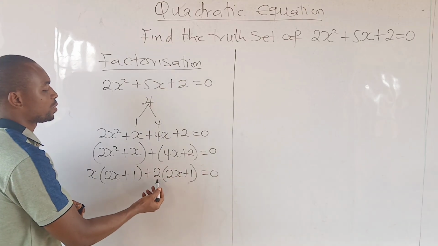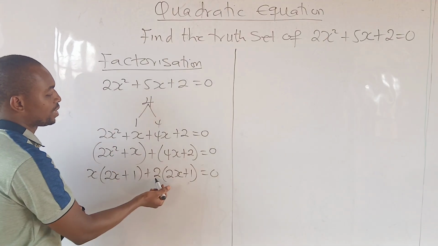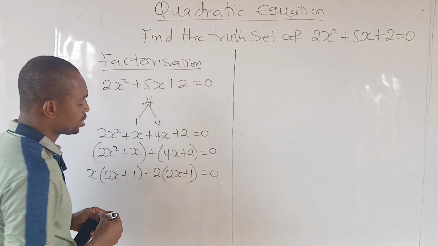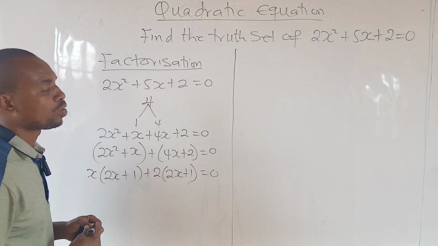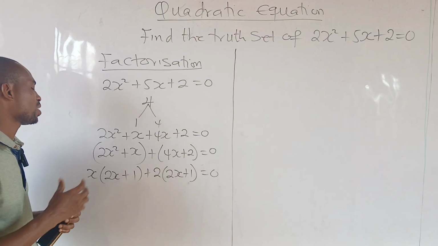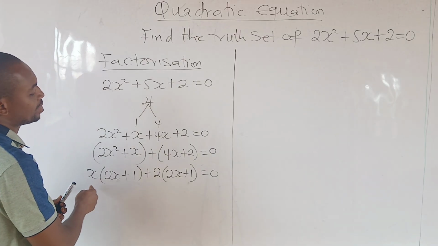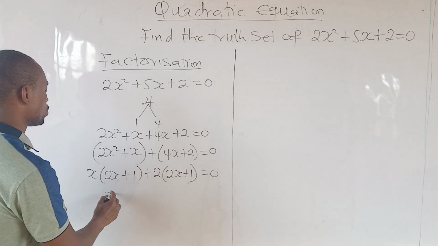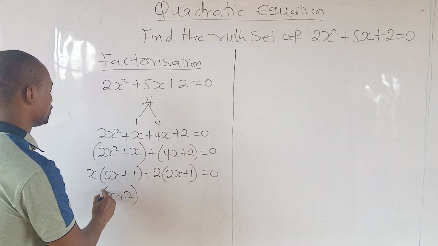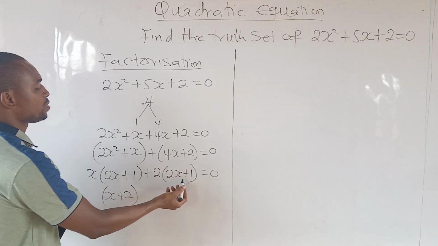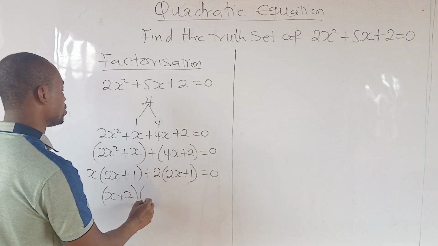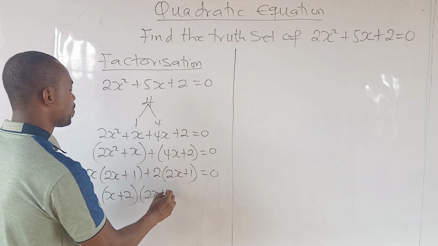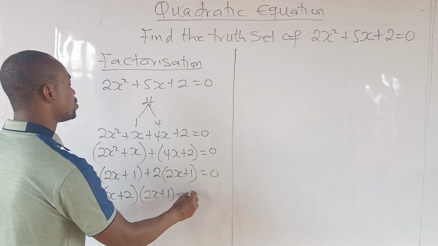When you multiply the 2 by what is in the bracket here, you get the same thing. So now you look for common binomial factors and factorize them. That is x plus the 2. Always make sure that the ones in the brackets are the same. Then you take 1. Then equate it to 0.